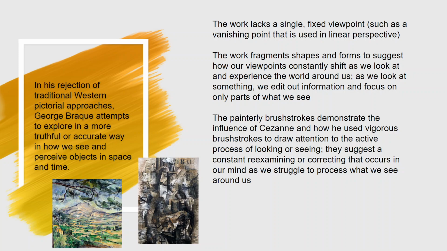Even Cézanne, who was seen as being outlandish at his time, Brucke is pushing it further. And the reason for this is the idea of truth. We're going all the way back to Plato from Greece. And what is truth? How can art be as true and real as possible? It's a big philosophical question.